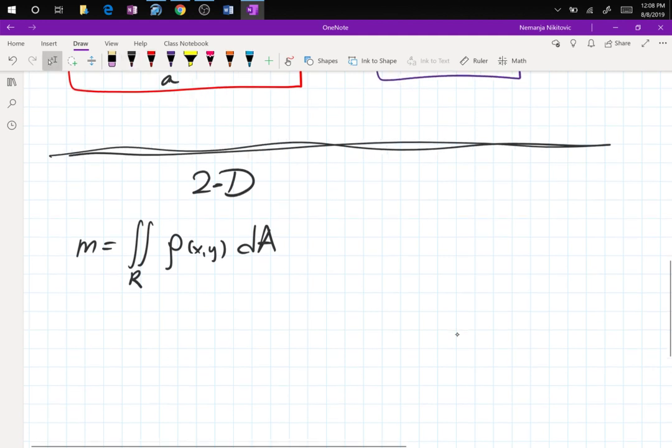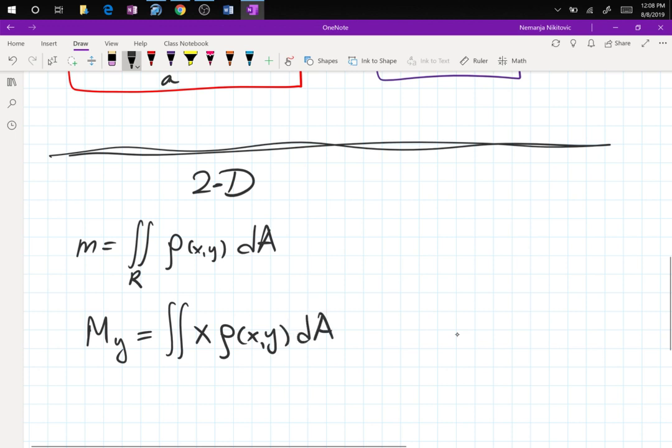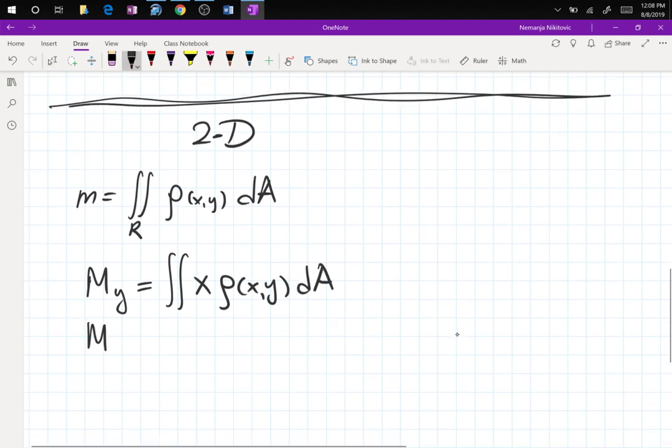Now you have the moment around y as a double integral of x rho of x,y dA, and the moment about x, again a double integral over R of y rho of x,y dA.